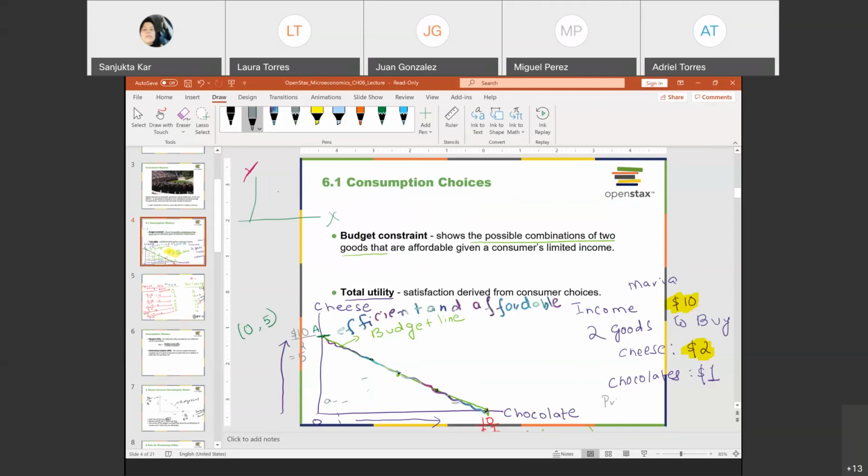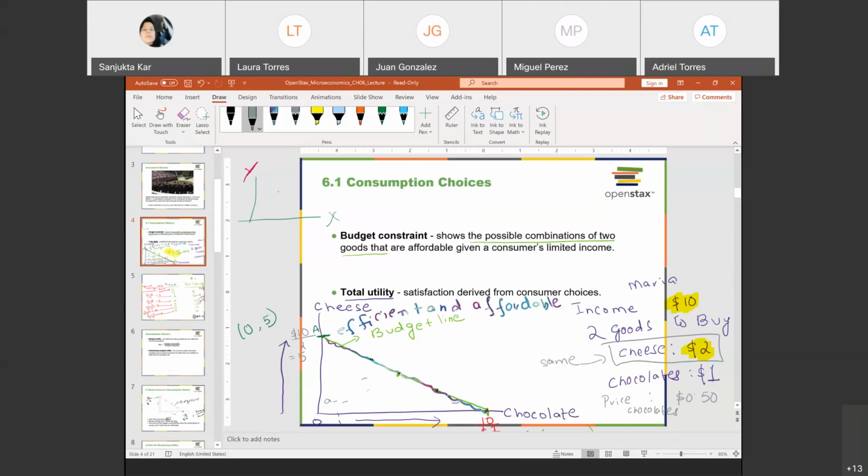Now say the price of chocolate goes down from $1 to 50 cents. So the price of chocolate just went down from $1 to 50 cents. However, the price of cheese stays the same.